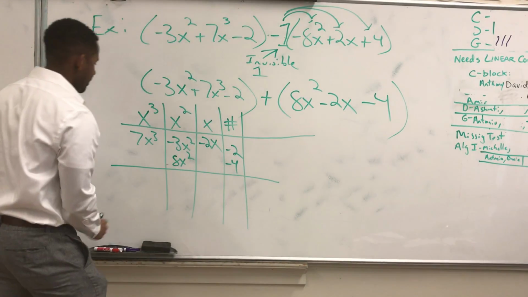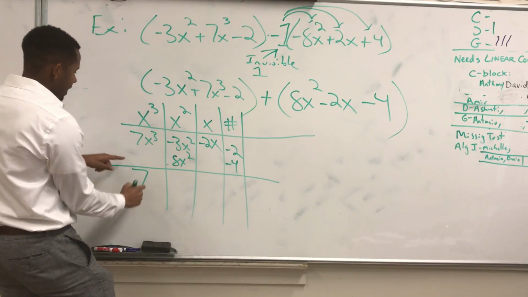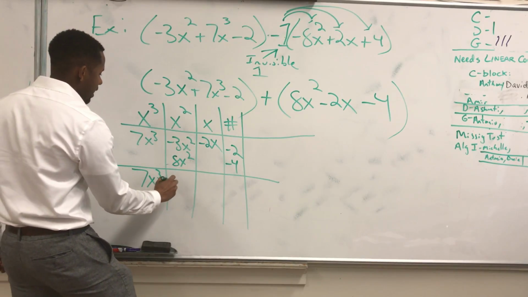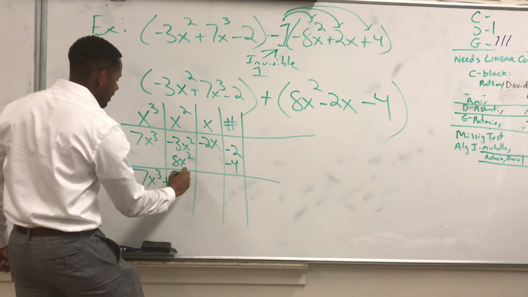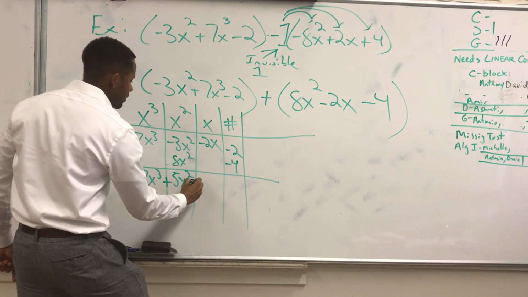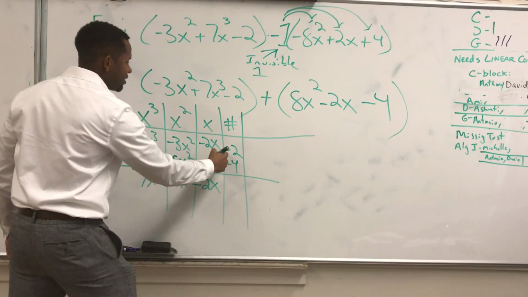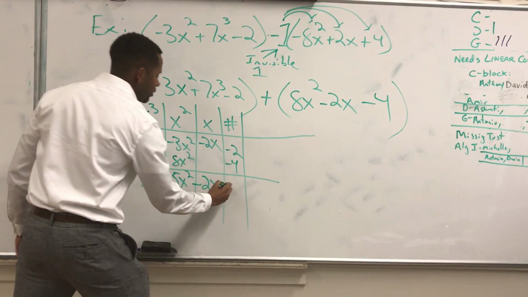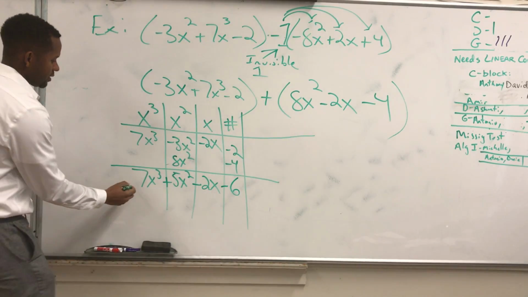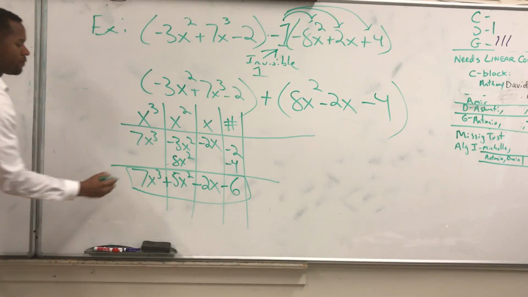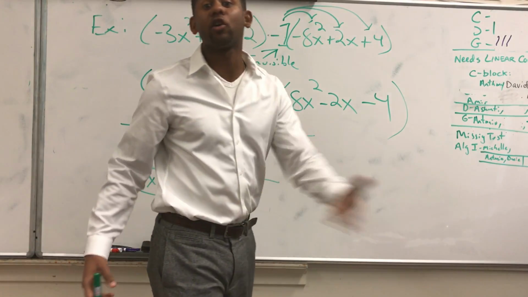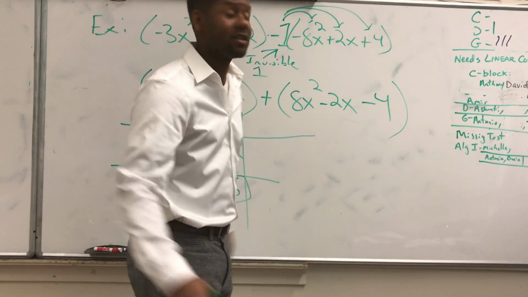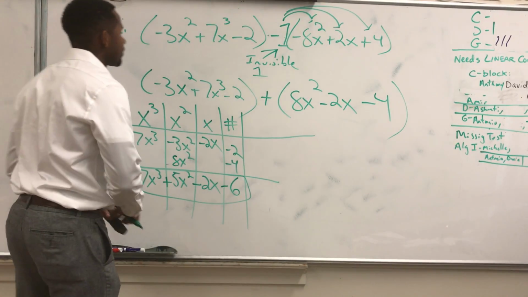Put all of this together, I have 7x cubed plus 5x squared minus 2x, and -2 and -4 is -6. Here's my final answer. So I basically take the subtraction problem and turn it into an addition problem and do it the same way that we learned how to do addition, okay?